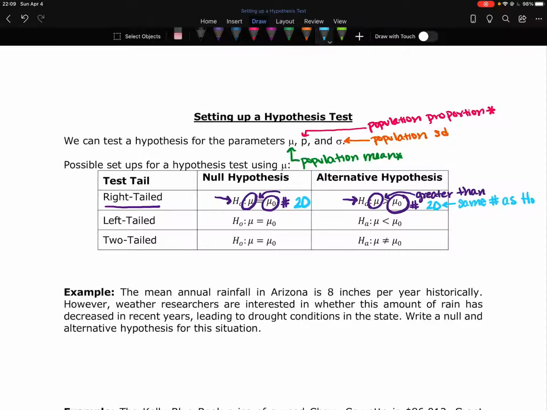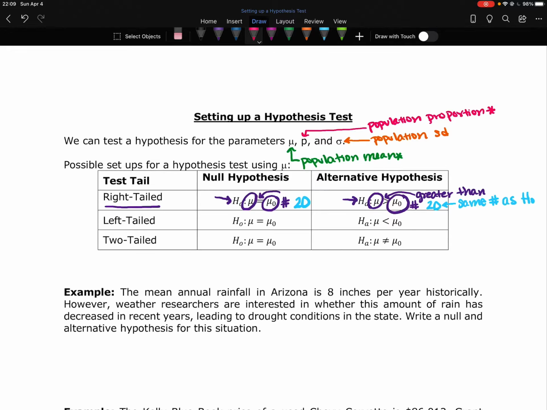That's one possible way to set up a test. And it's whenever you think or the researcher thinks that the mean or the proportion is greater than or more than or any of those keywords that we've seen that indicate greater than.